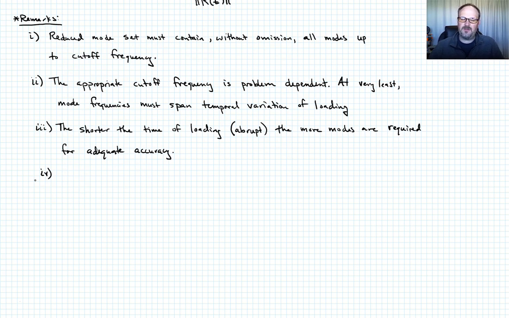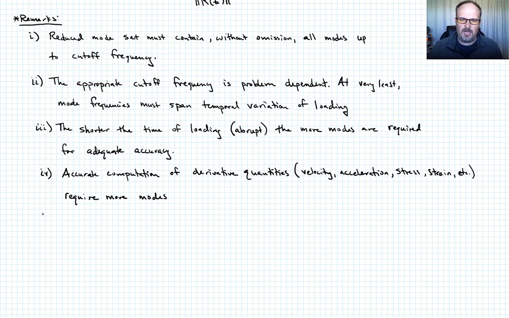So if all you care about is the displacement, you may need a particular cutoff frequency. But if you want velocity, acceleration, right, those are derivatives of displacement in time, or maybe you need stress and strain or gradients, where you're going to now take spatial derivatives of that displacement, then you're going to need to increase the number of modes.